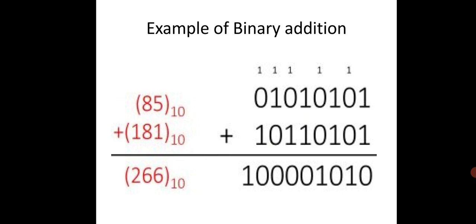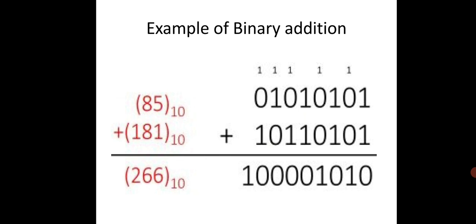So 1 plus 0 it is 0, but again there is one carry, so 1 plus 1 it is 0 and we write down carry. 0 plus 1 it is again 1, but there is one carry, so 1 plus 1 is 0 and we write down carry at the right hand side. So the result is 1 0 0 0 0 1 0 1 0, that is 266.